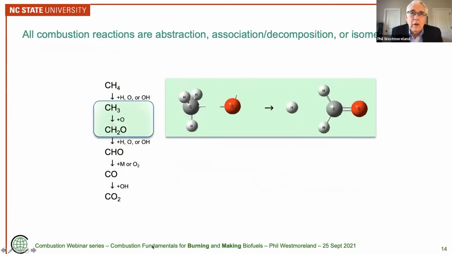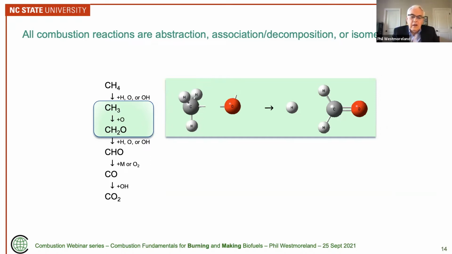The classic one is really methyl plus O. There was a lot of confusion in the 60s and 70s about how methyl is oxidized. Methyl's a radical, so it has to react with something at high concentration like O2. So methyl plus O2 goes to formaldehyde, and OH was the assumed choice.